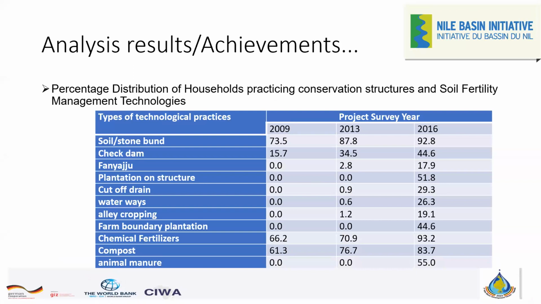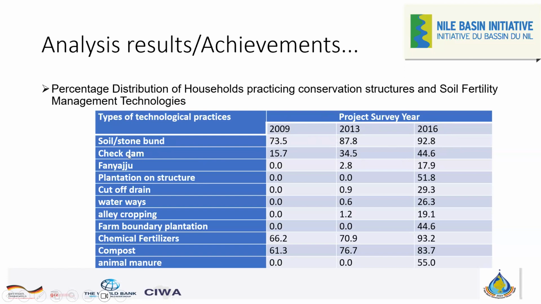In terms of the best practices obtained from this project, when we see the percentage distribution of households practicing conservation structure and soil fertility management, when we see the soil or stone band practice, at the baseline stage, the baseline survey for this project was conducted in 2009, and again there was a survey in 2013, and finally at the end of the project there was a final survey in terms of measuring the progress of the implementation of this project.